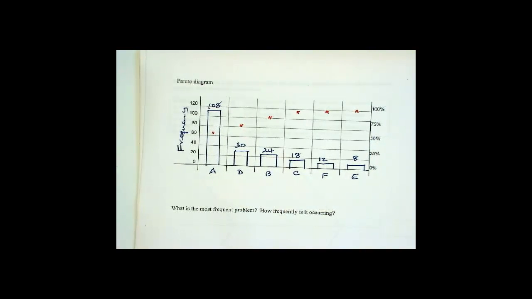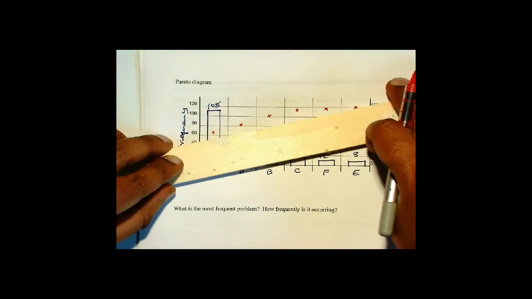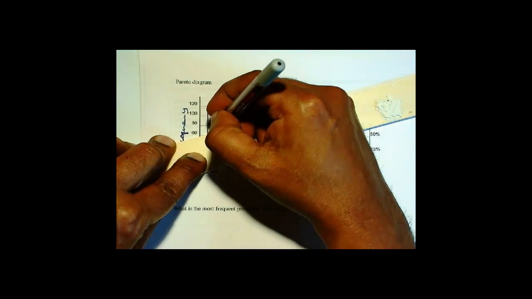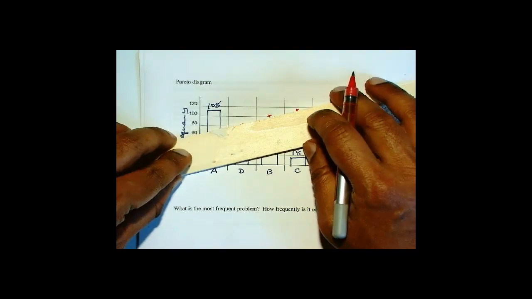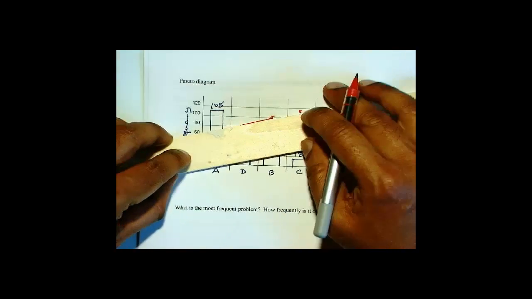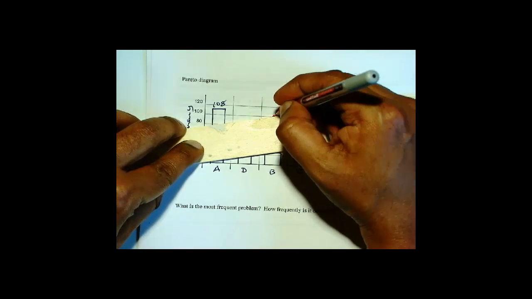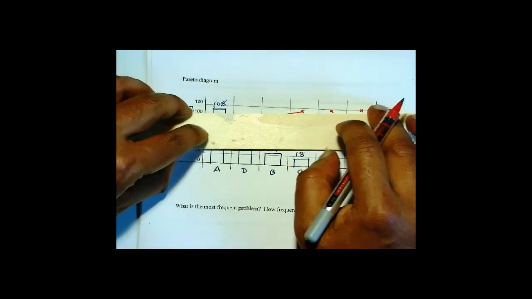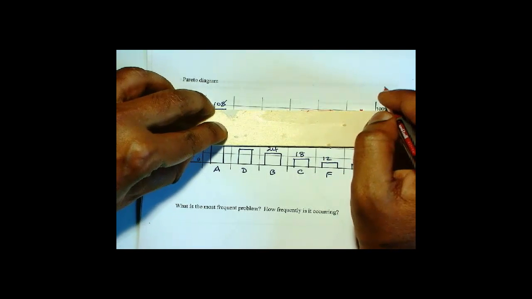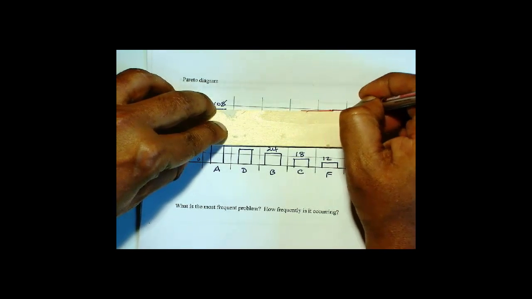Now we have to connect these, like that. You need to really use a ruler to be able to do this properly, otherwise it will all be messy.